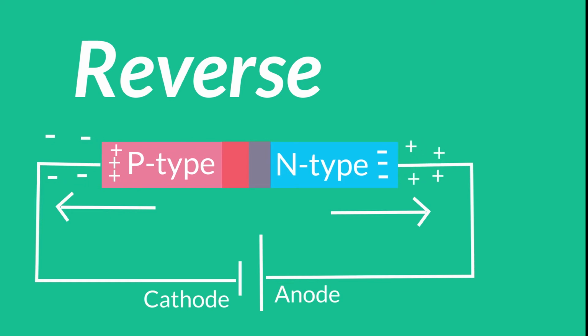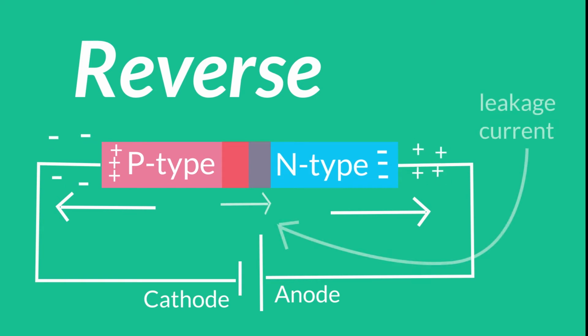But actually, a small amount of current will flow in this region, called leakage current. For easier understanding, the depletion region acts similarly to a resistor, with very large resistance under reverse bias condition.